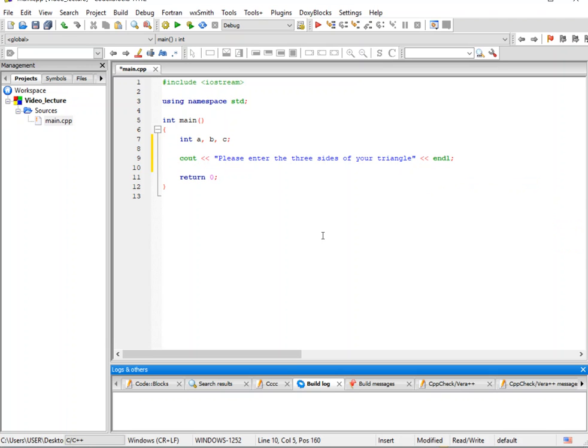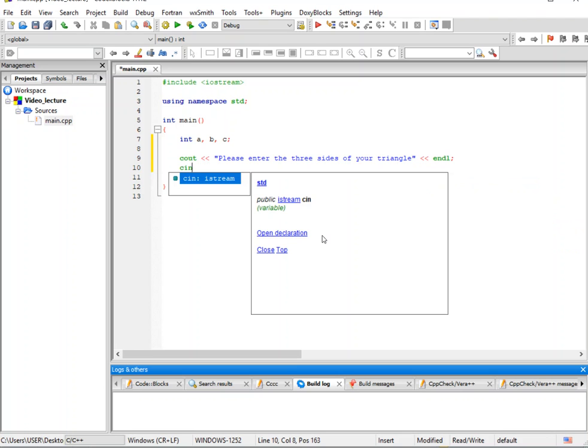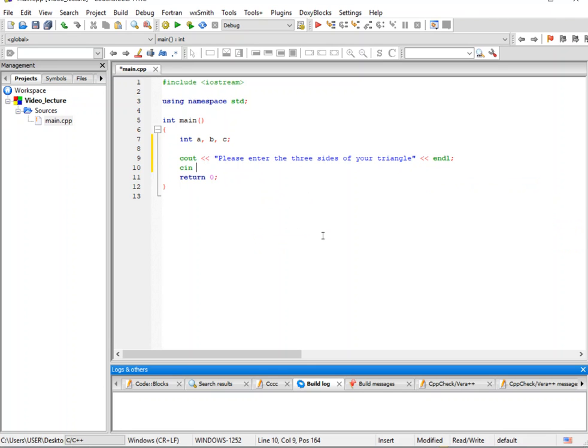Then we should have an input statement, a cin, to receive the user's input and store it in the variables that we have declared earlier on. As we all know, a variable is just like a container to take the values that the user will input.